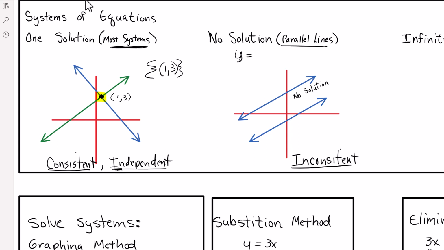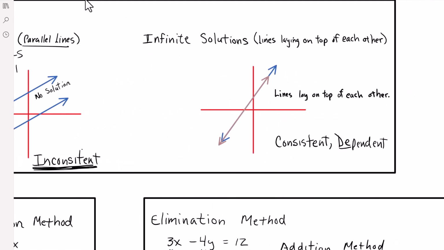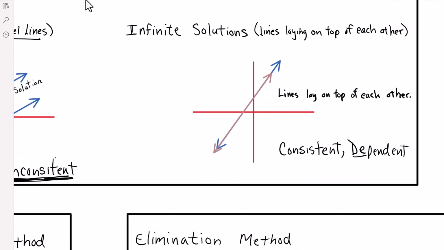So say y is equal to 2x plus 5 and y is equal to 2x minus 1. They both have the same slope, so this will automatically be a no solution. And this type of system is called inconsistent. And then finally, when you have 2 equations and when you solve them both for y, they end up being the exact same thing. So maybe 2x plus 3 and 2x plus 3.